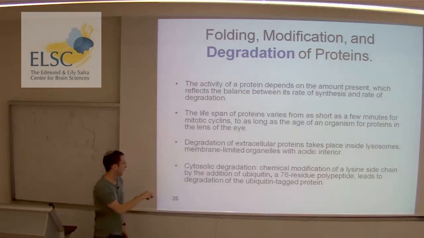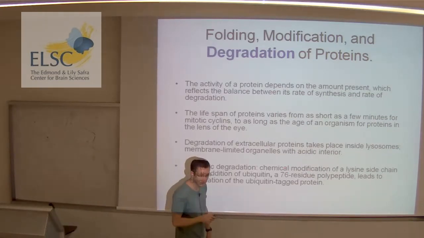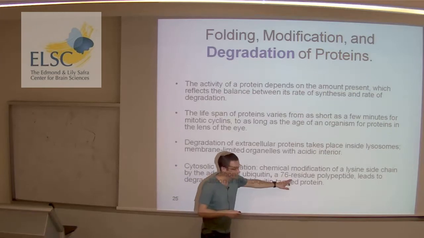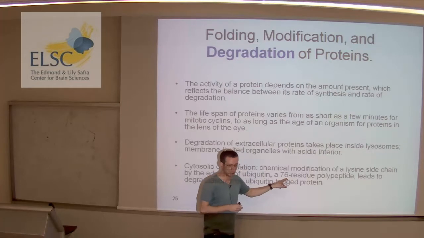On the other hand, cytosolic degradation, meaning of proteins that are inside the cell, usually involves marking with ubiquitin, which is a 76-residue polypeptide. It's actually an additional modification, a pretty large one, but just a chemical modification that tags the proteins for degradation.